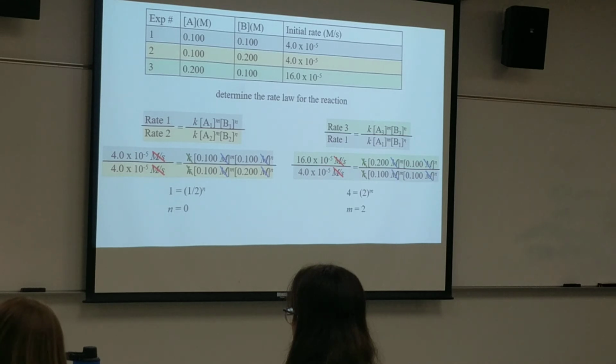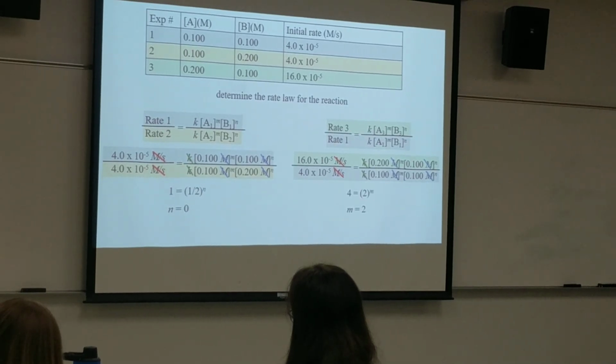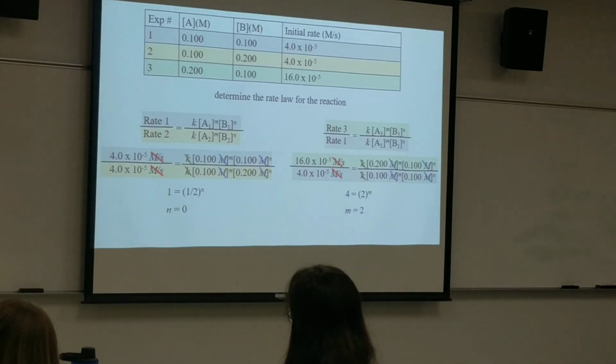Well, you got to keep one the same, so they cancel out. So I could have done what? 1 and 3. Yeah, because 1 is 1, and then B is doubled, and then 3, A is doubled. So you have to do it this way. There's no other way to do it.